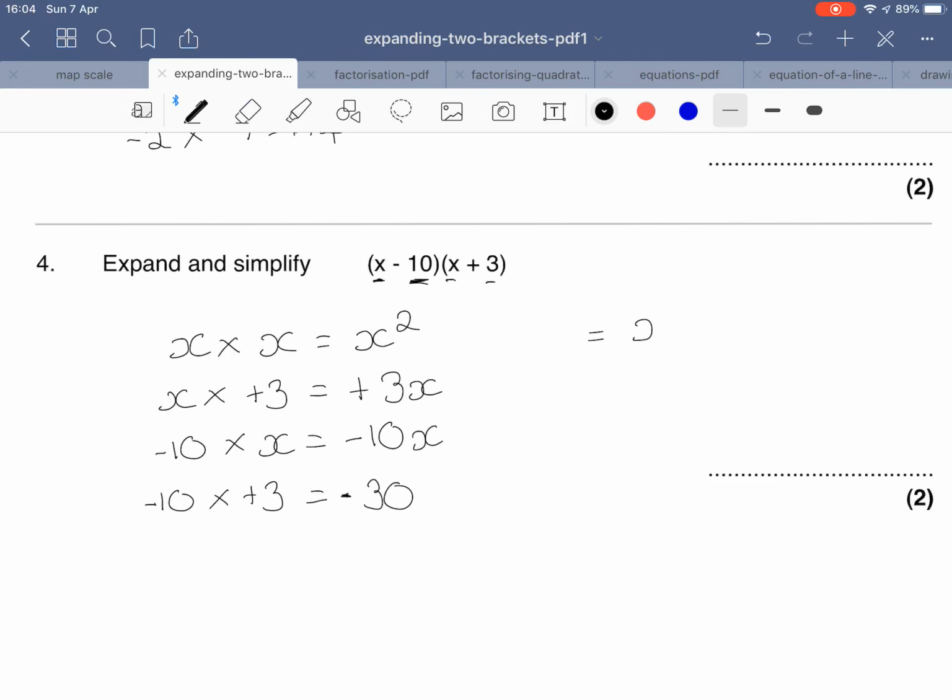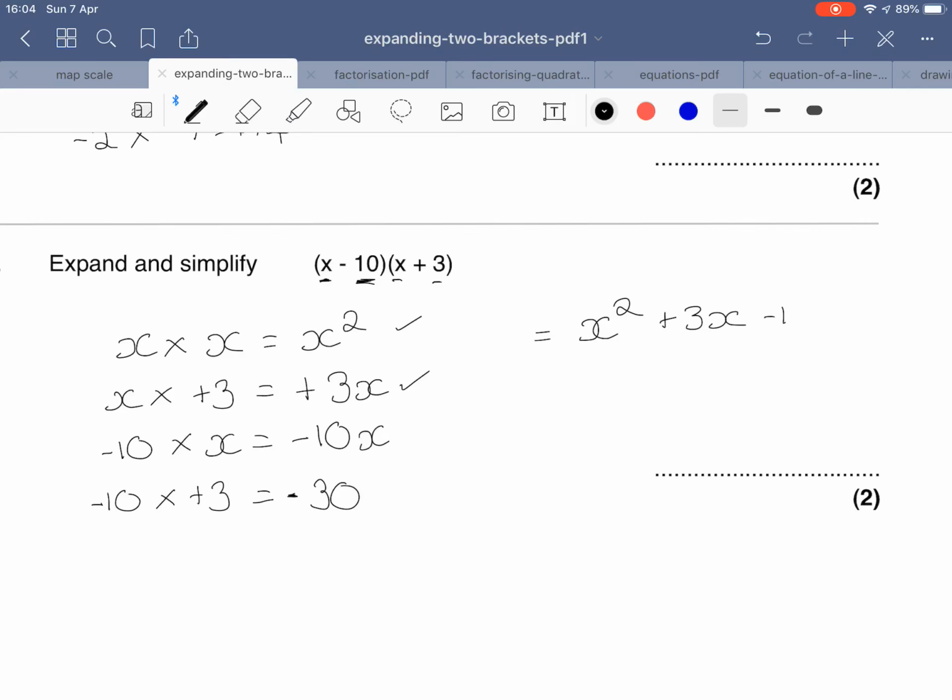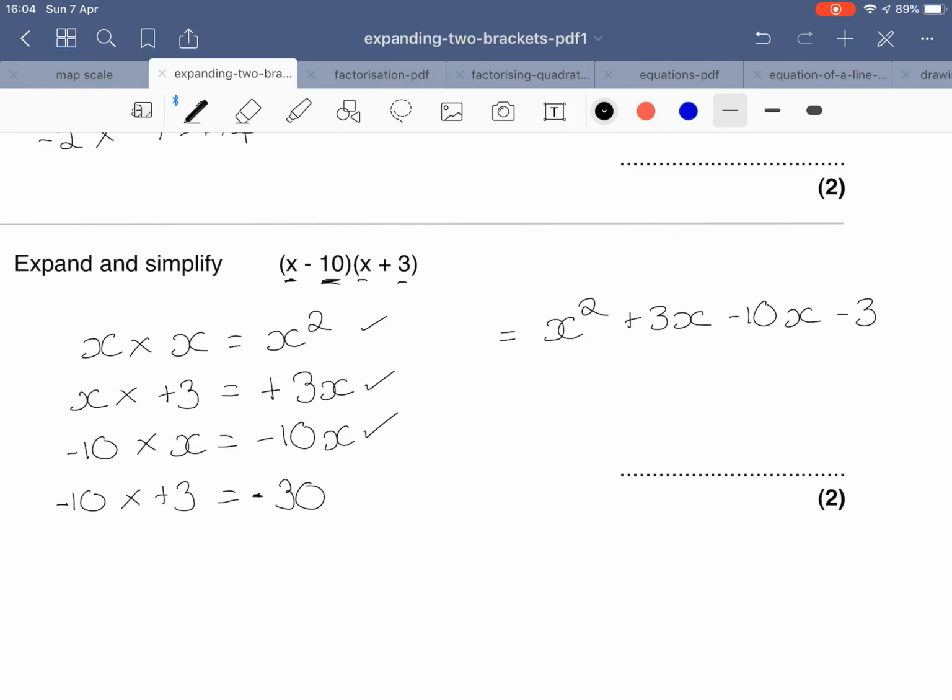So collect them. x squared, so that's just the first one, plus 3x, so that's this next one, minus 10x, this one, and then minus 30. So just rewriting all those in a nice straight line. So we got plus 3x minus 10x, so you can only simplify these two there.